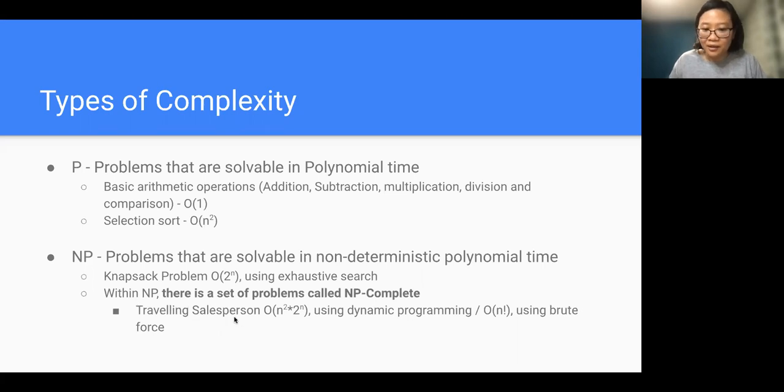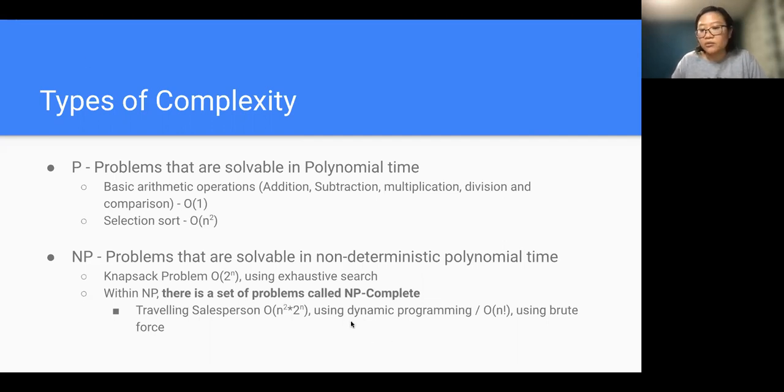And so within NP, there's a set of problems called NP complete. Now, what is NP complete? NP complete is a very similar problem to the knapsack problem, and specifically the example I'm going to talk about next, the traveling salesperson problem, there doesn't exist an optimal solution to that problem, right? There are multiple ways of solving the traveling salesperson problem.